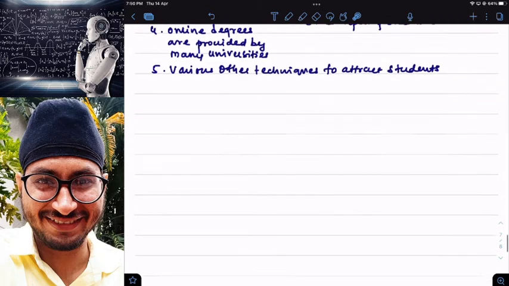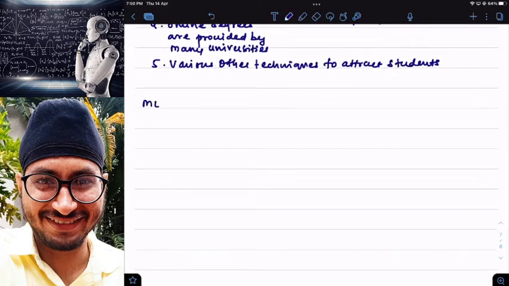Now we have medical organizations. Example, hospitals or medical organizations. Now, what are medical organizations doing nowadays?